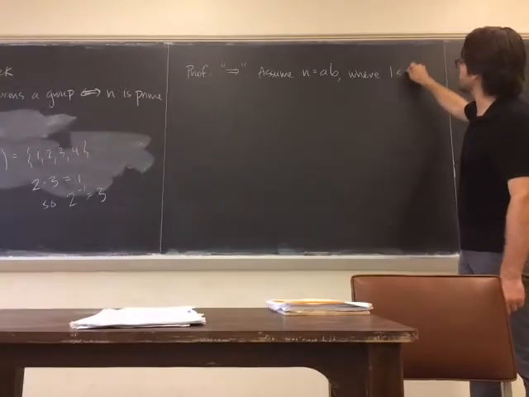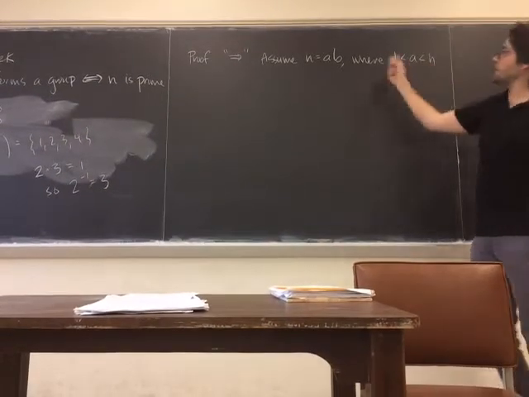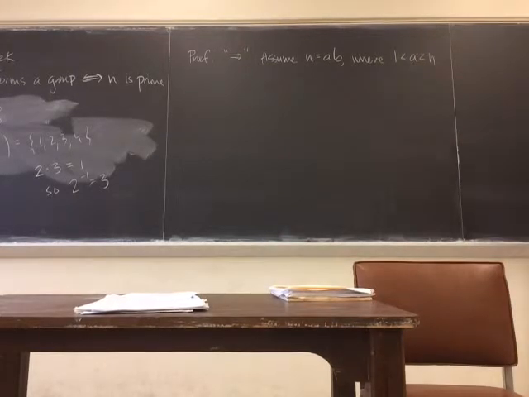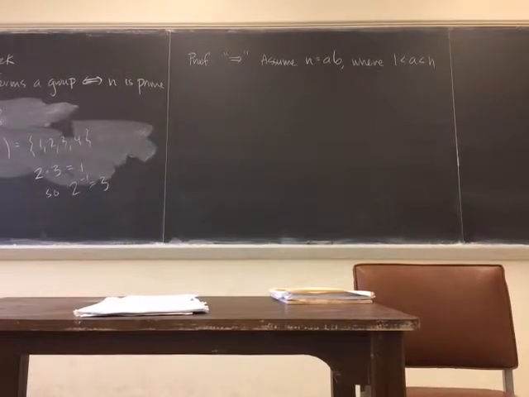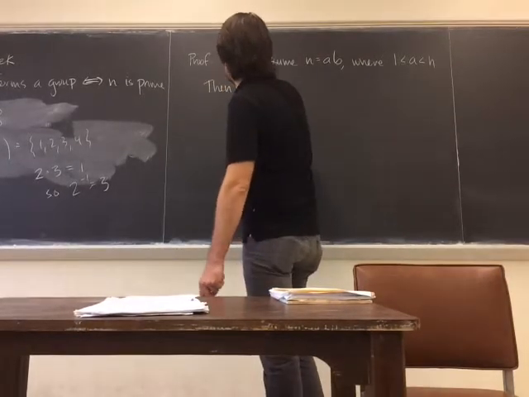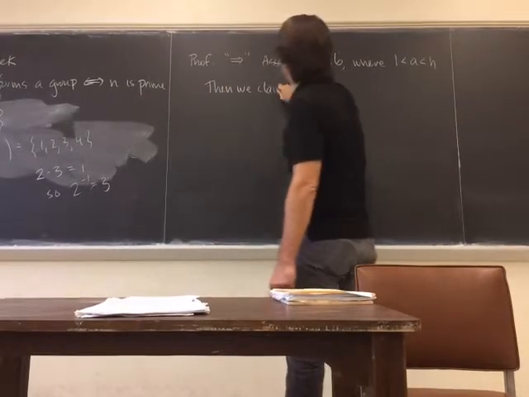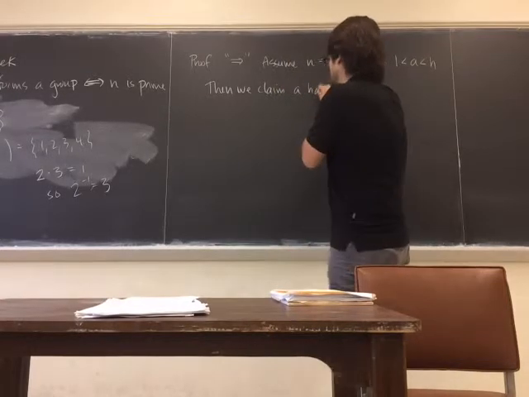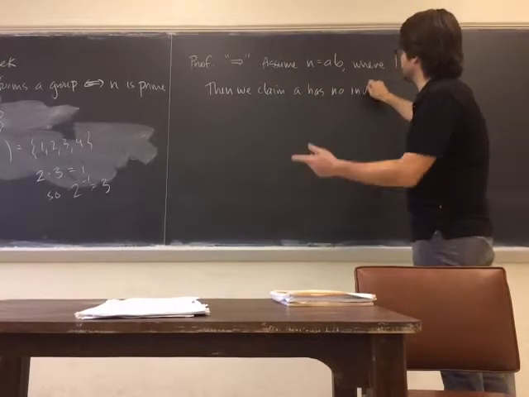That means I can write n as a times b, where a is not 1 and not n, something smaller than n times something smaller. Then we claim that a has no inverse in this setting.